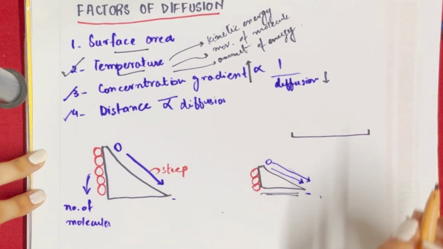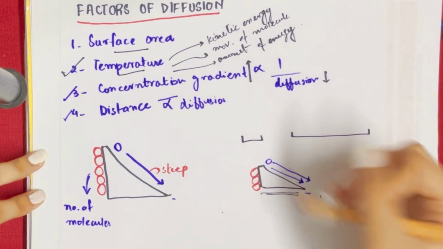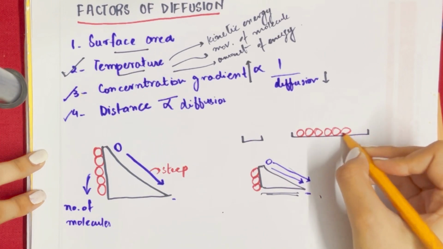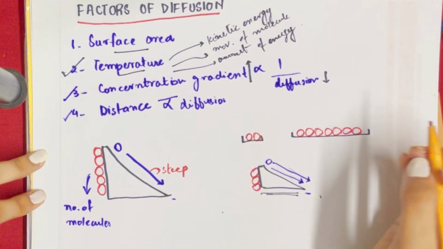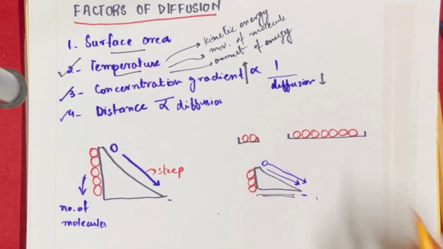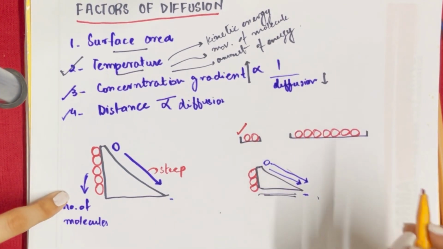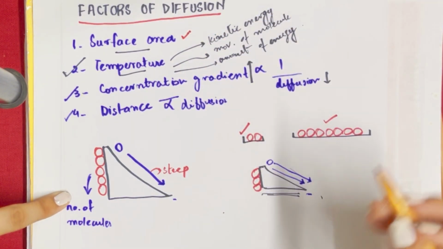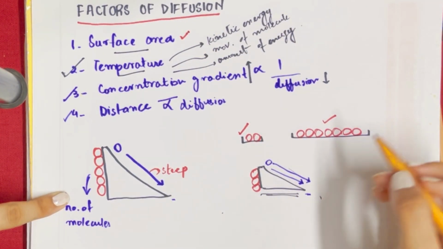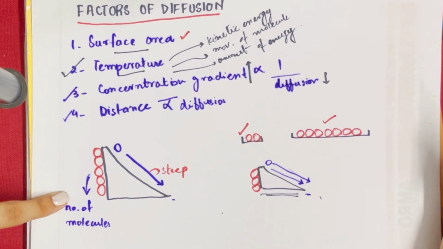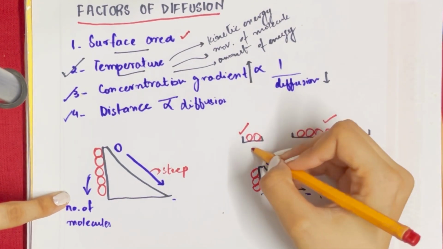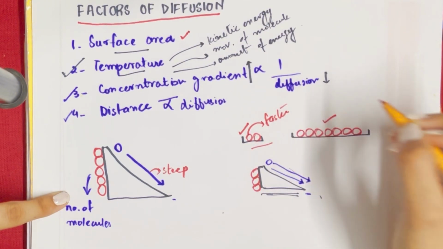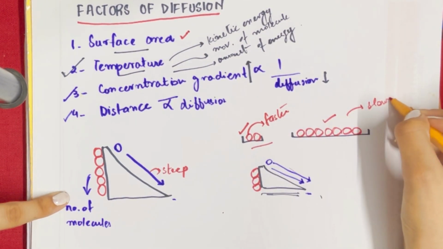Let's say there is a larger surface area and a smaller surface area, and we have the number of molecules here, let's say 1, 2, 3, 4, 5, 6, 7, and here we have 2 of them. Which of them will be diffused faster? Obviously, the one with fewer molecules rather than the one with more molecules. If we have a greater surface area, that means we have more molecules. When there are more molecules, they take more time to be diffused, whereas fewer molecules can be diffused at a faster rate.